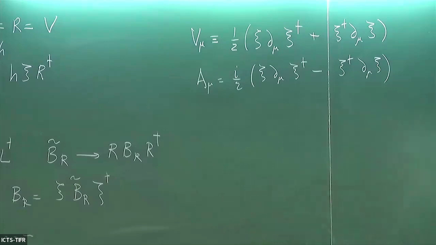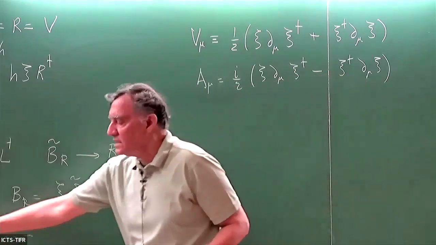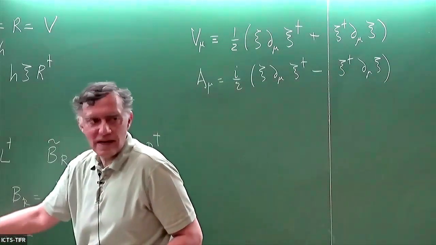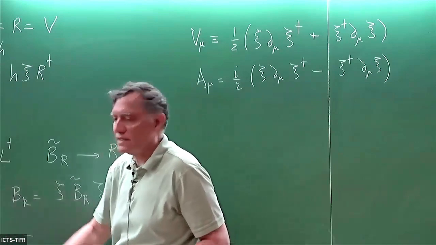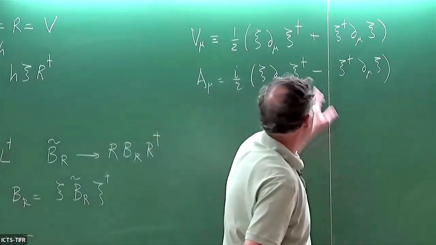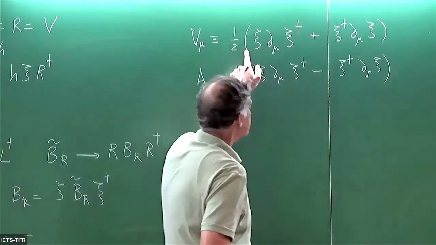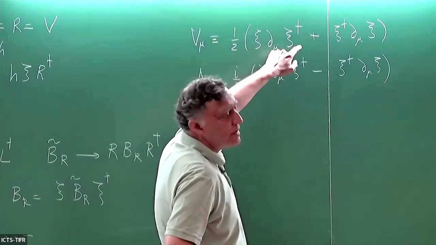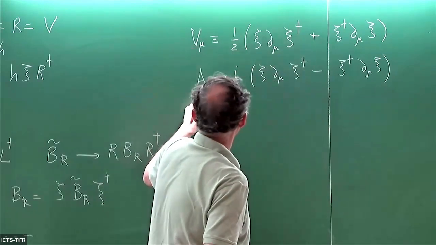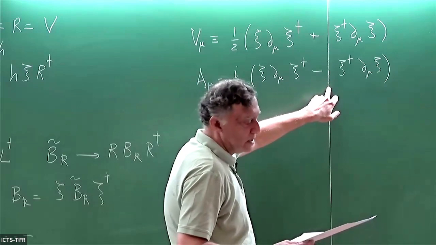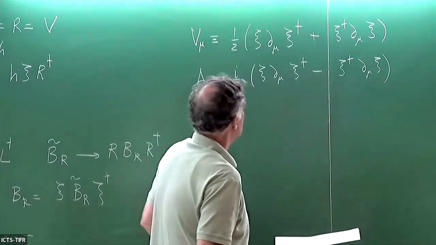Now, when you apply parity, pions are pseudoscalars, so pions go to minus pions, and C becomes C†, and C† becomes C if you just flip the sign of the pion. So if you look at this term, the first one is parity even, that's why it's called vector, and this one's parity odd, which is why it's called an axial vector.